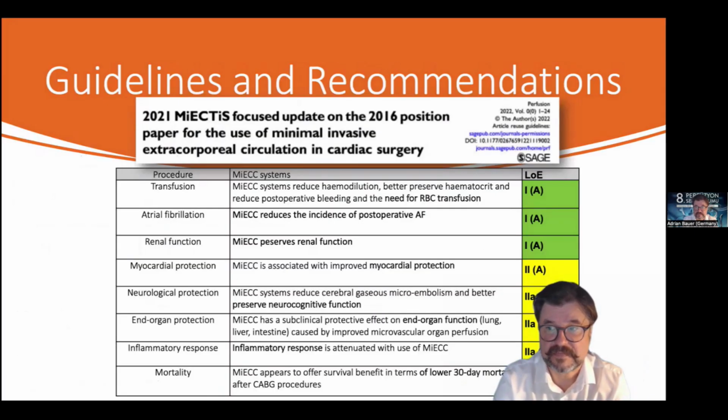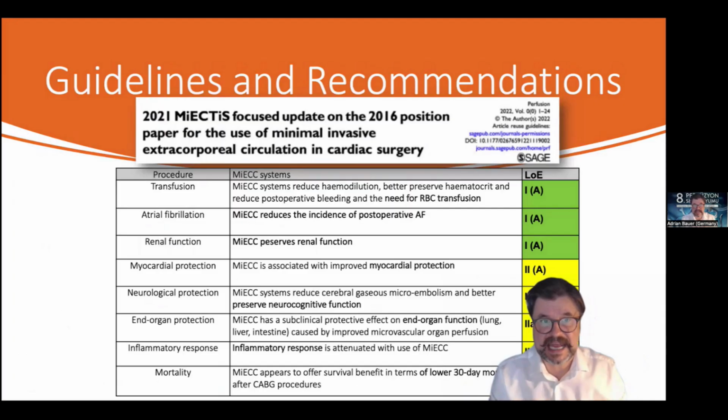So then at the end, there is an update paper of the MiECTiS Society from 2021, and you find a lot of recommendations there. They found out that you are able to reduce transfusion and atrial fibrillation, which could be the result of the reduced inflammatory response of the body.